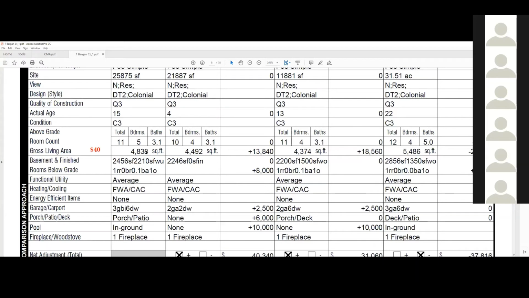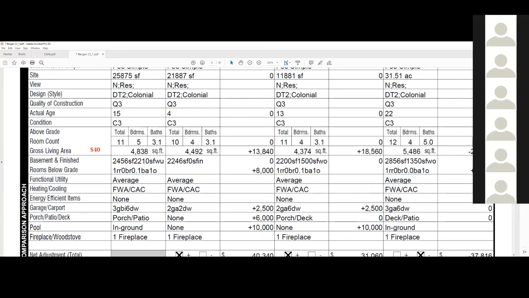So here is the square footage of the home. It had 11 rooms, 4,838 square feet. And as you can see, there are no adjustments on the room sizes or differences. Even though he should have made them, I guess it didn't make sense for him because the value was going to appraise. So here's 12 rooms, 4 bedrooms, 5 full baths.